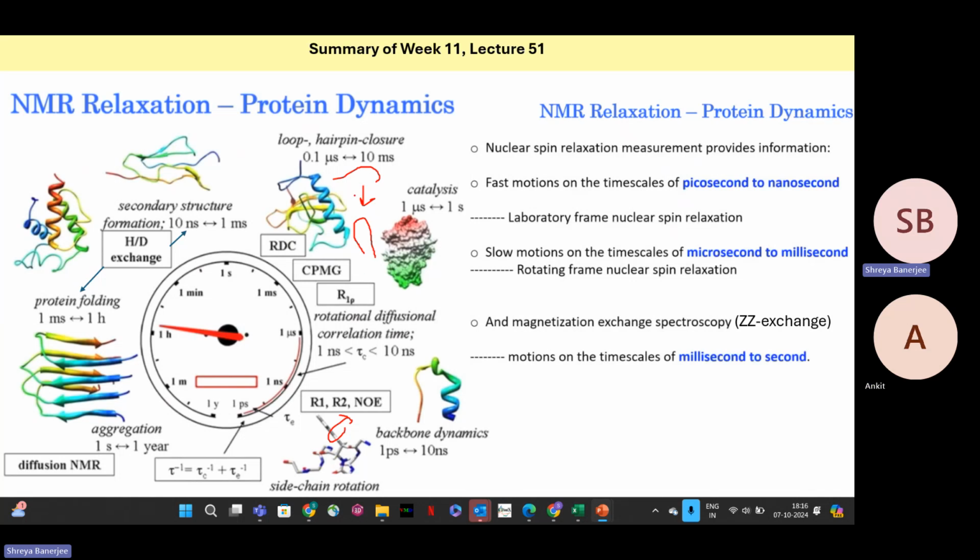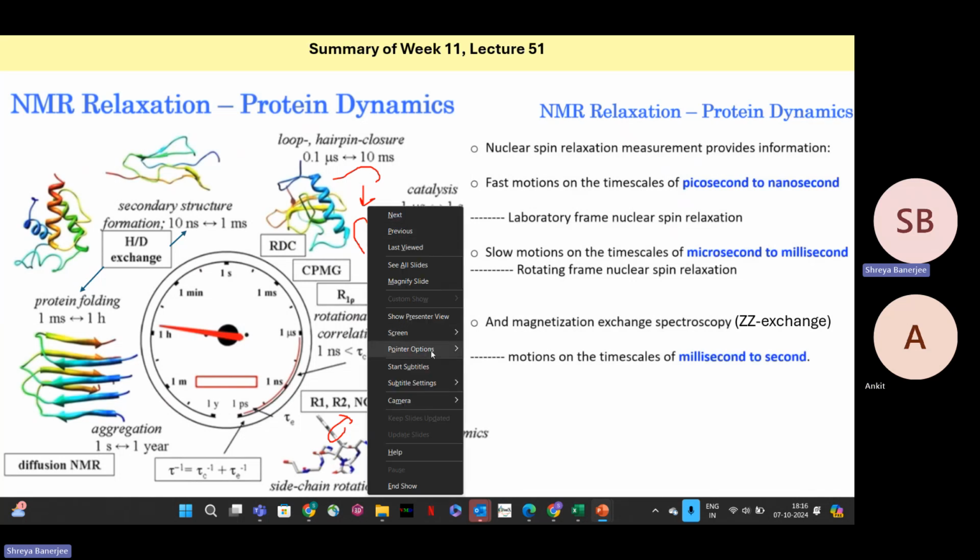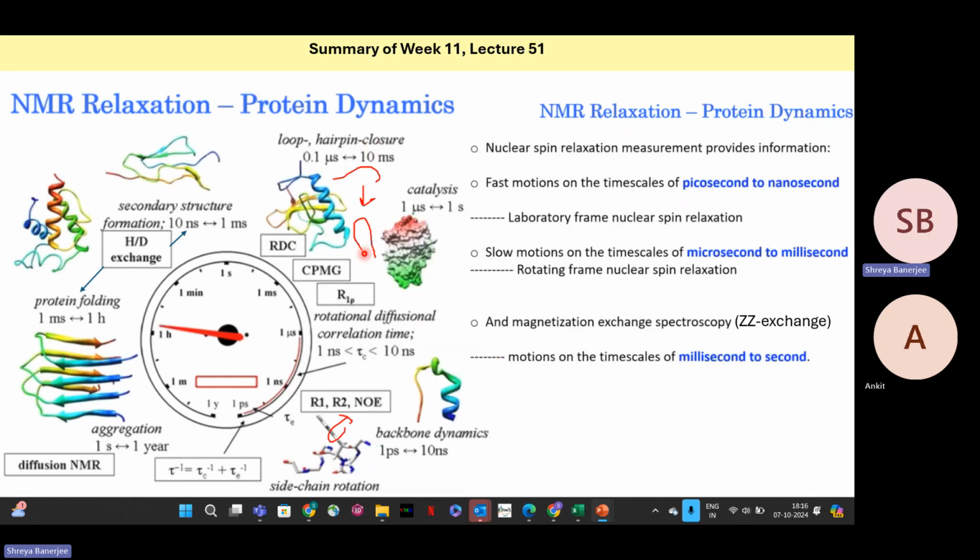Because it involves a large section of the protein, it is a comparatively slower motion, from microsecond to millisecond time scale. Or you can have secondary structure formation, so from a random coil like this, it is forming secondary structures like alpha helix or beta sheet. That is a millisecond to nanosecond time scale. So these are intermediate time scales, and for that you need the rotating frame of reference.